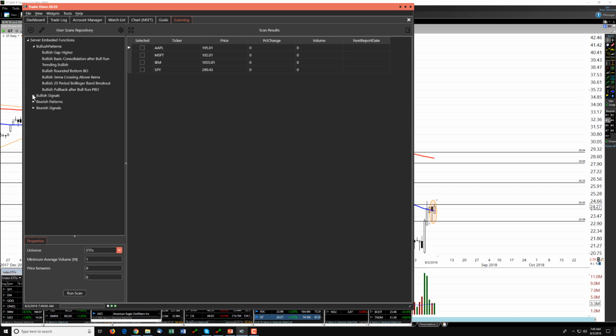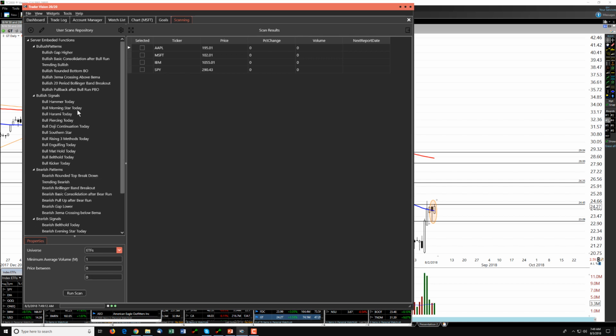It will come pre-installed with about 35 scans, both bullish and bearish, patterns and signals. All of the major candlestick signals and a number of patterns, both the ones we use in our trading room as well as some that other people use, like the 3 crossing the 8 and the 20 period Bollinger Band breakout, that sort of thing.